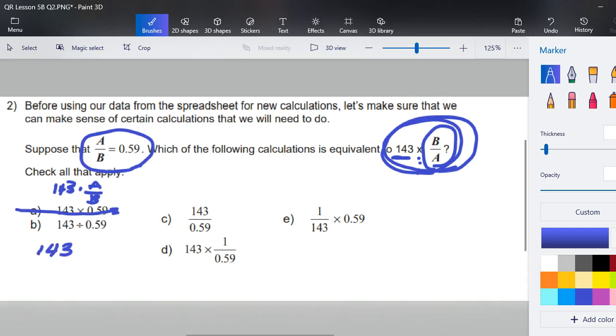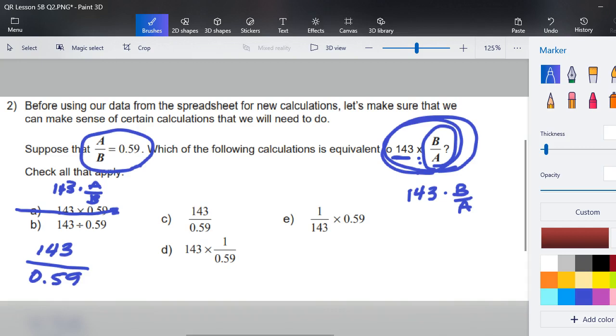And by the way, if you haven't already, hit pause and work on these by yourself, get some answers and then come back and we'll work through them together. But looking at B, 143 divided by 59 hundredths, let's go look at this. If this is 143 times B over A, that's not helping very much. So let me change direction here and go back to what we were given.